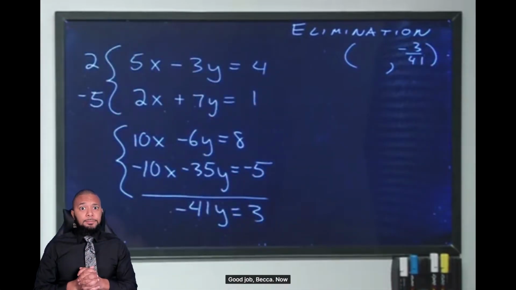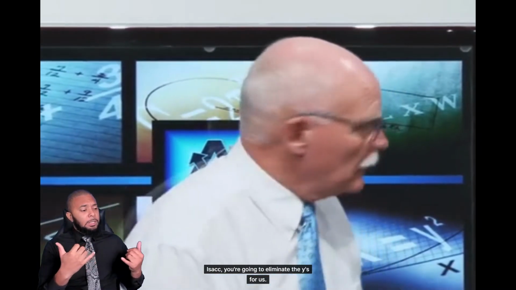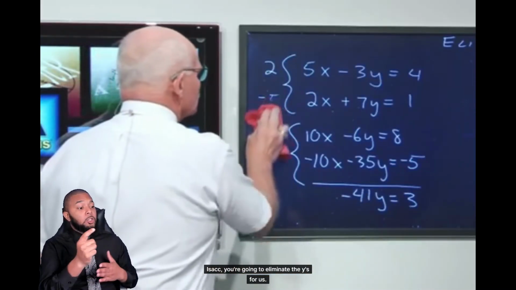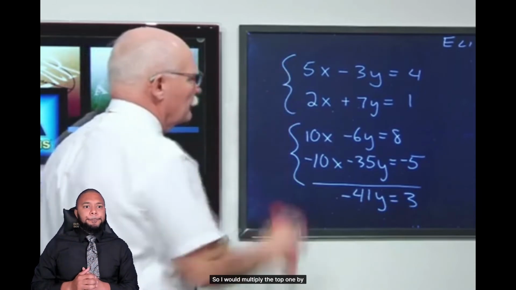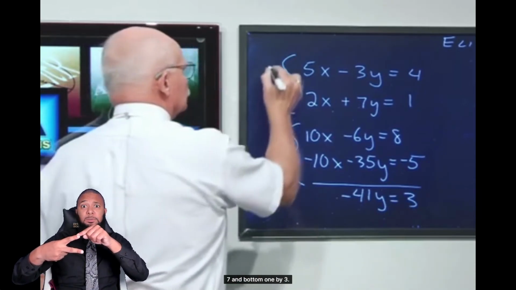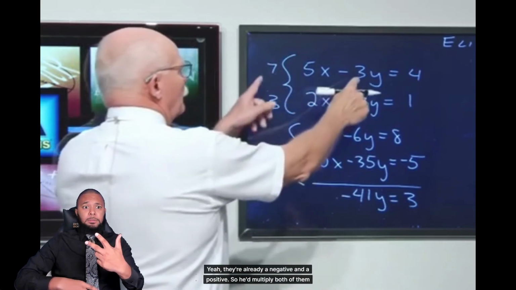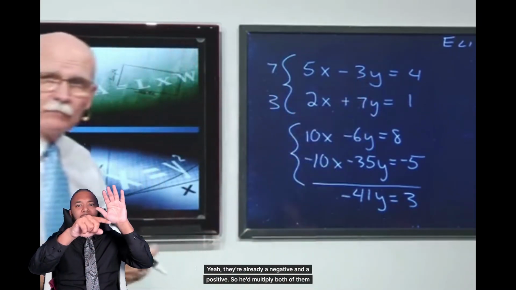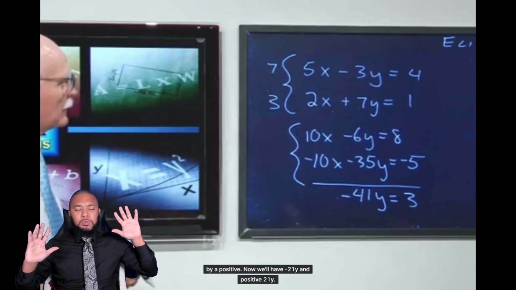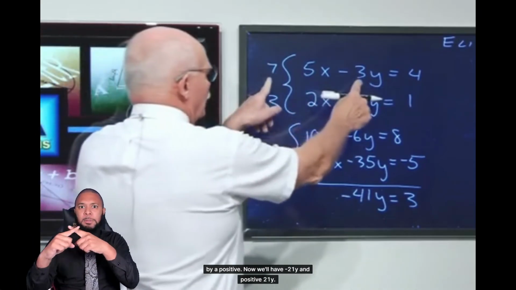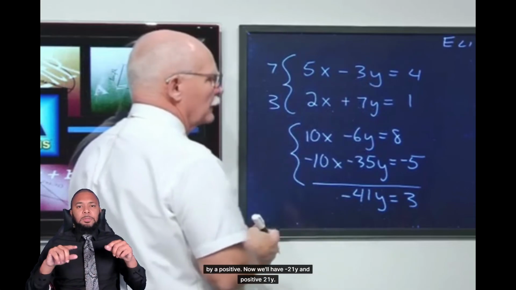Okay? Good job, Becca. Now, Isaac, you're going to eliminate the y's for us. So I would multiply the top one by 7 and the bottom one by 3. Yeah, they're already a negative and a positive, so he multiplied both of them by a positive. Now we'll have negative 21y and positive 21y.